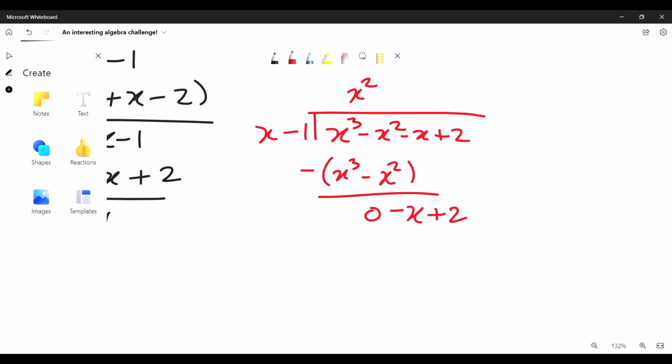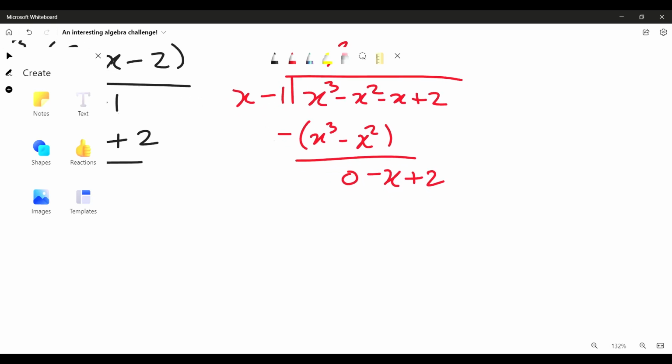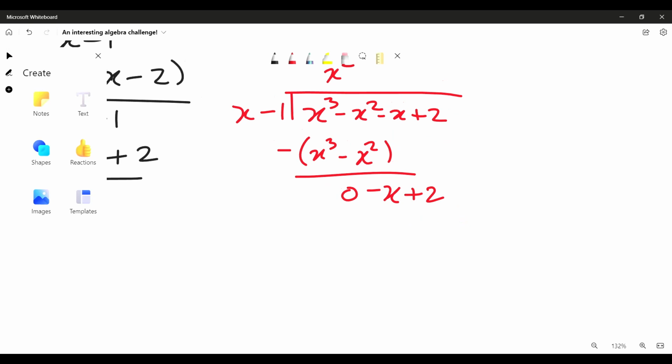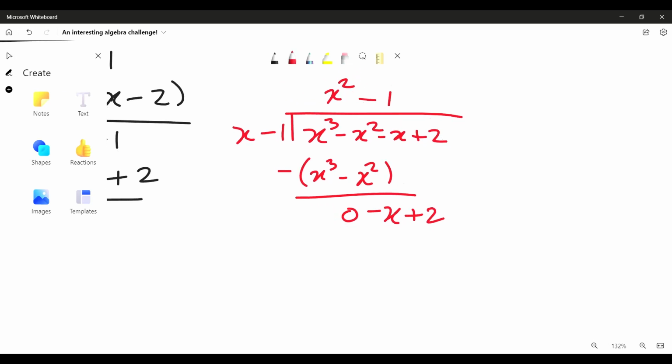And here's the trick. The remainder that we're going to find actually is 1, because if we go down, we can multiply this out by minus 1 now. And what do we get? We get minus x plus 1.